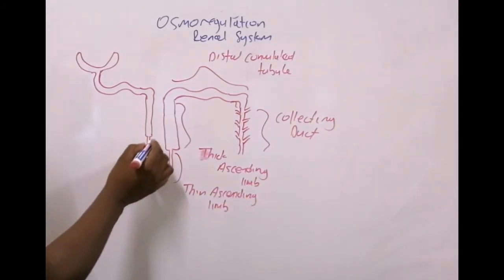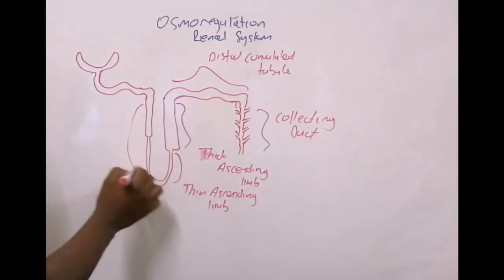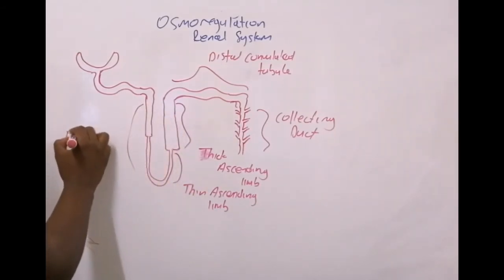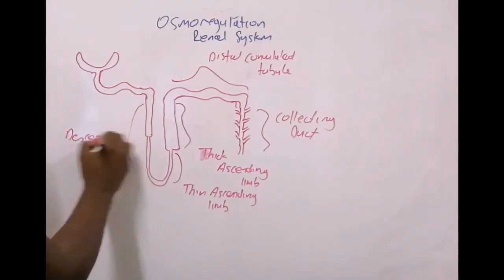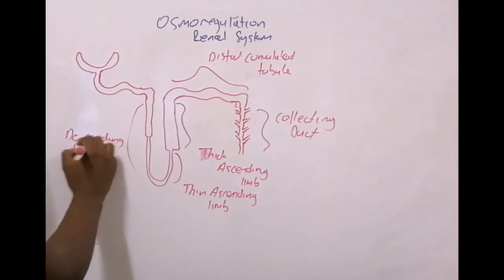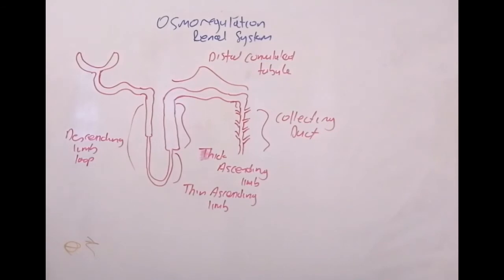And then this is the descending limb of the loop of Henle.